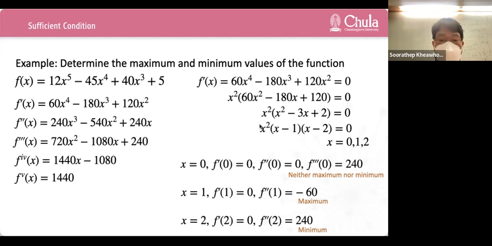We take the derivative, okay, first order derivative, second order, third order, fourth order, and fifth order. And finally, we see that the last order where we have to stop is at fifth order.